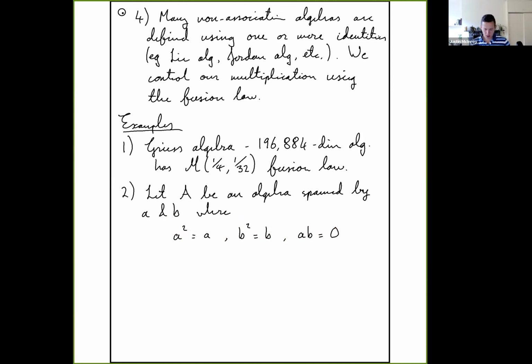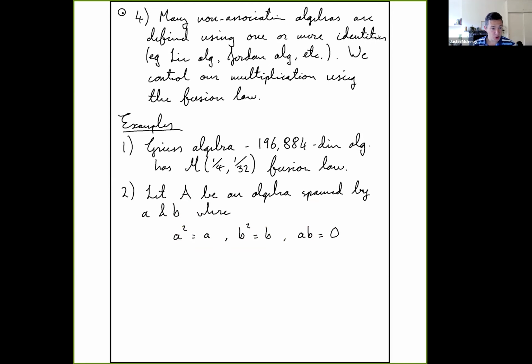So this is an axial algebra because I have two axes here, A and B. Those generate my algebra. In fact, they span my algebra.